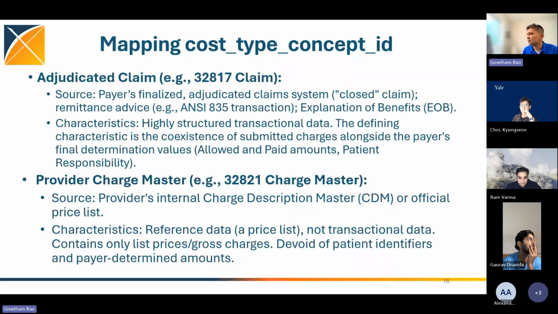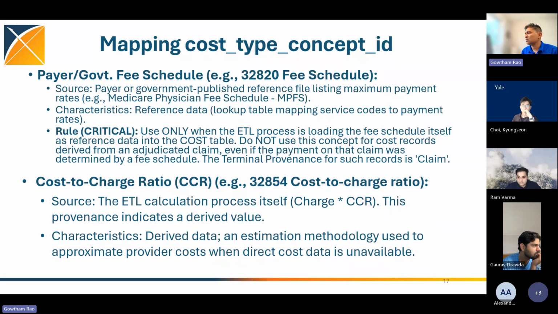Provider charge master is another source, so you could have the charge data mapped from an external source. So even though you're getting a data source that has no charge information, if you know which provider it is, and if you have a reference file that has the charge master, you can use that to create your charge fields. There are fee schedules out there that you can use.